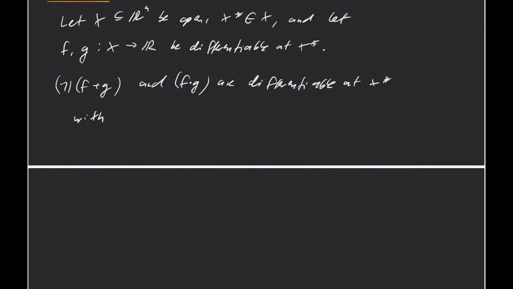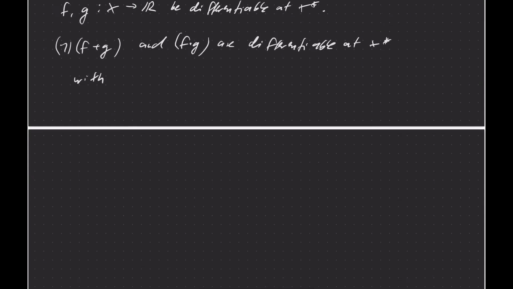with, well, first rule is simple. If you differentiate the sum F plus G at X star, then of course that's the same as just differentiating F at X star plus G at X star. Product rule is somewhat more involved, but it almost looks the same as in the one-dimensional case.